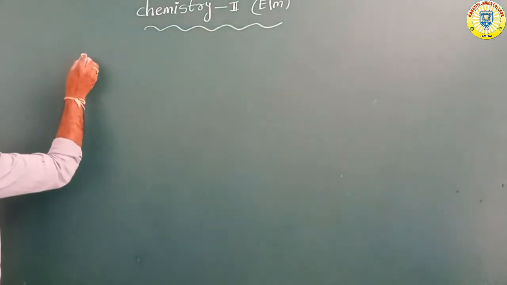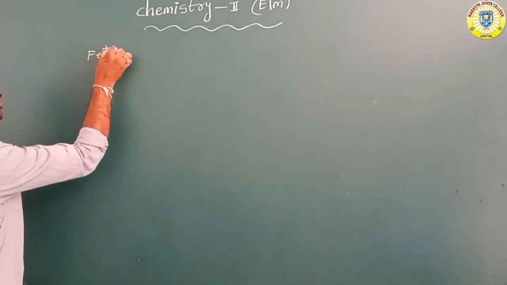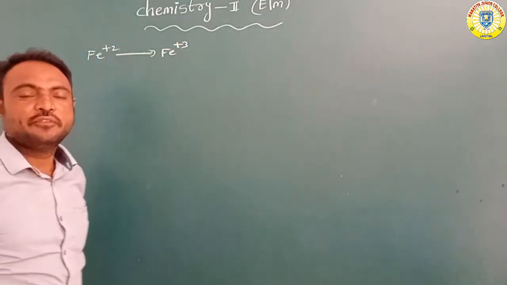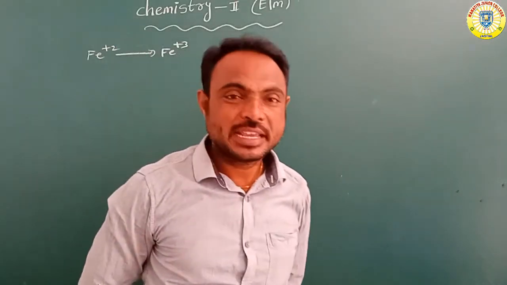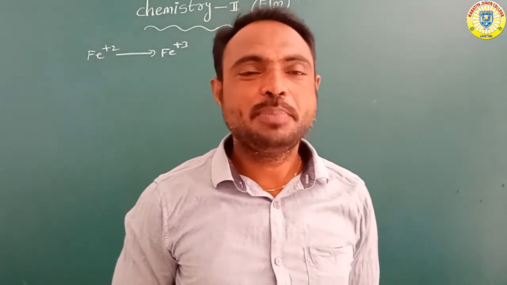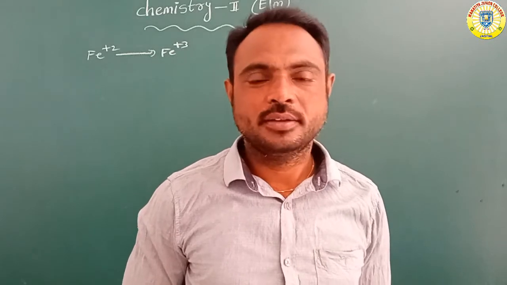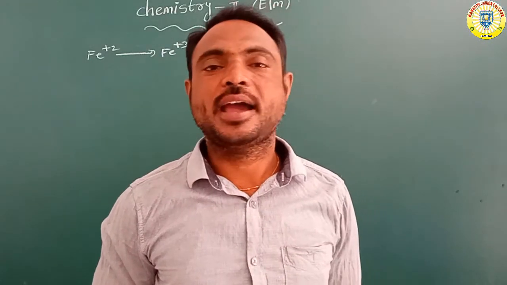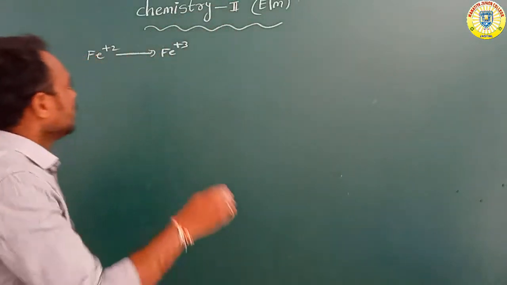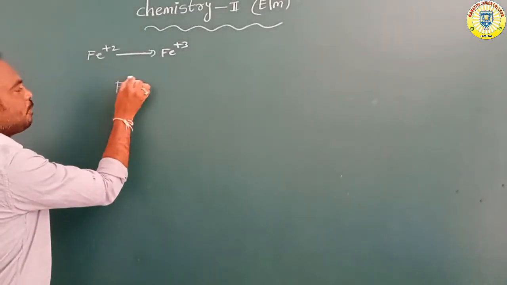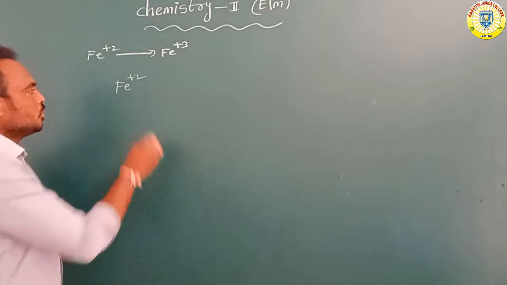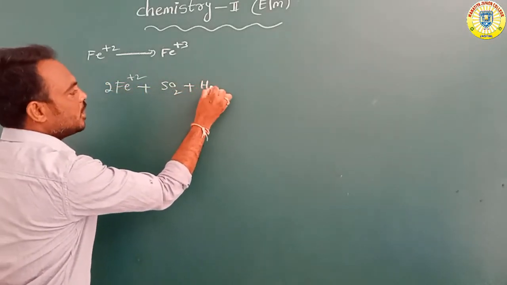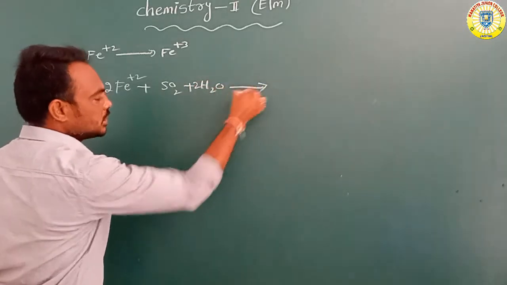Already we know that Fe+2, the ferrous ion, is converted to Fe+3, the ferric ion. Suppose Fe+2 reacts with sulfur dioxide and water molecules.